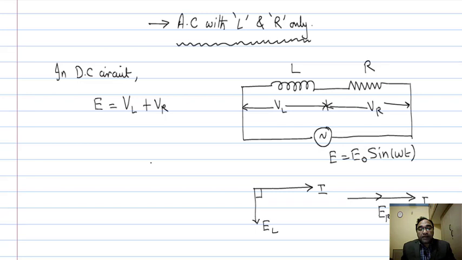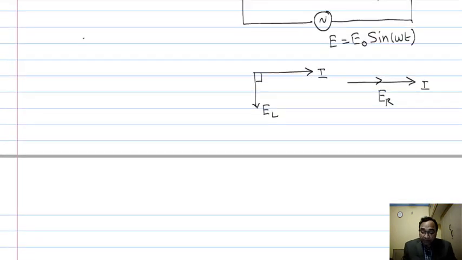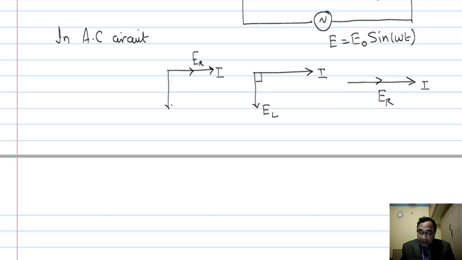If we want to find the resultant, we superimpose these two in the case of AC. In AC circuits, with the current as reference, I can represent the two potential drops on the same phasor diagram. It looks something like this: ER is this way and EL is 90 degrees out of phase.